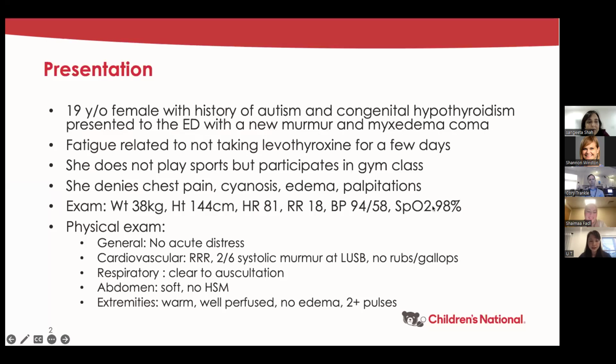Yeah, of course. Okay, so my job was to talk about the primum defect. We did see a 19-year-old recently who has a history of autism and congenital hypothyroidism. She presented to the emergency room because of complications of having not taken her levothyroxine for a few days.